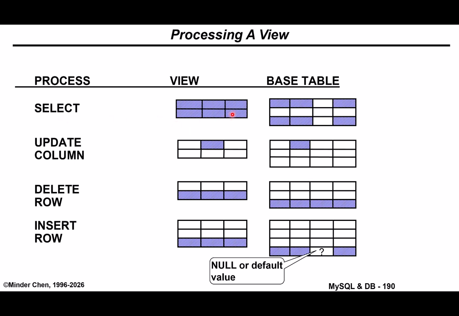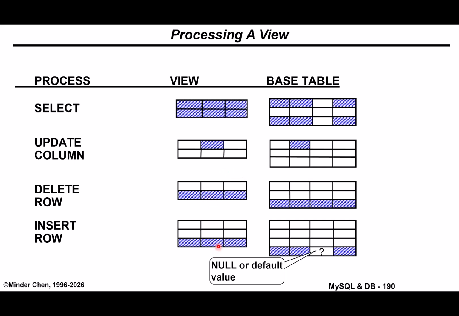So assuming a view is defined based on the base table, you can select from the view. Basically, you're selecting from those shaded areas of the view. You can update, delete, and insert. Then the corresponding row or column of the underlying base table would be updated. Same thing for delete.